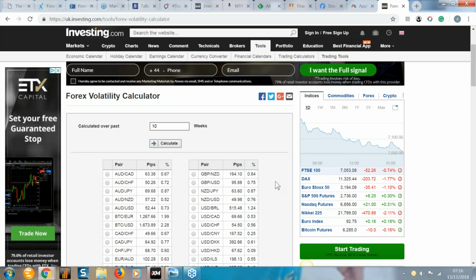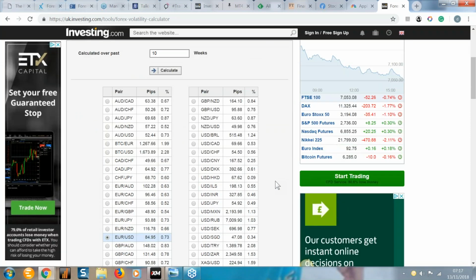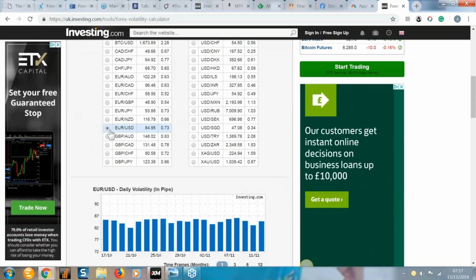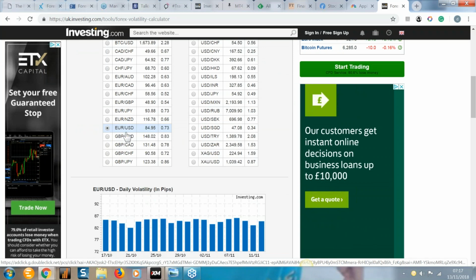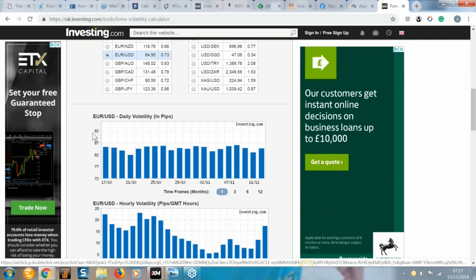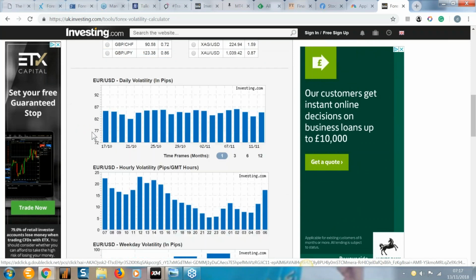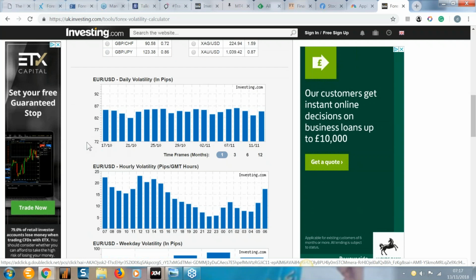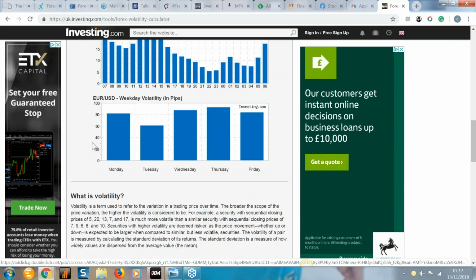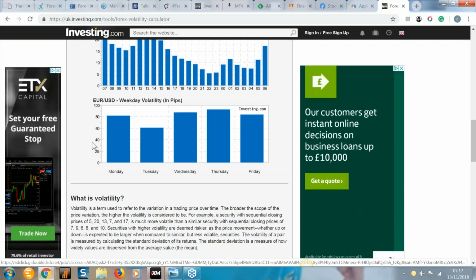This is the one from investing.com. You just go in and highlight the currency pair. This is euro dollar, and this is what it will tell you. It will give you the daily volatility in pips, so that's on a daily basis. Then it will take you to the hourly and the weekly.